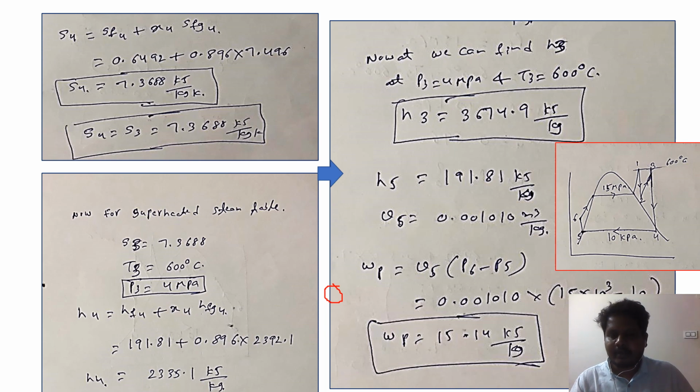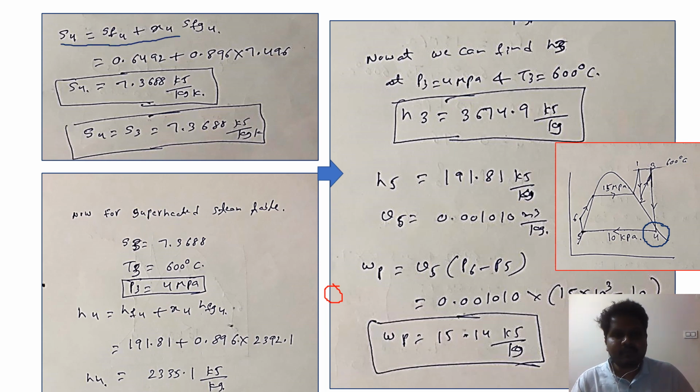Now let us find the entropy value at point 4. Here the point 4 is in the saturation zone, so we have to refer to the saturation steam table.